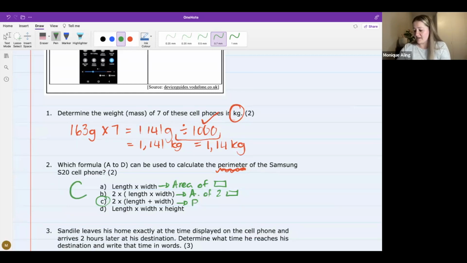That is the perimeter of a rectangle. And then D is actually to work out the volume of a rectangular prism. Okay, so well done to everyone that said C. C is the correct answer.